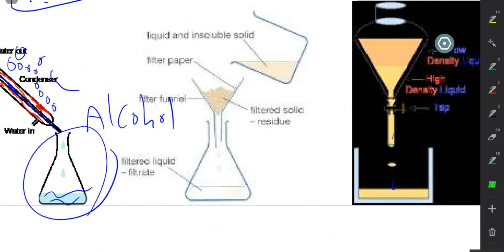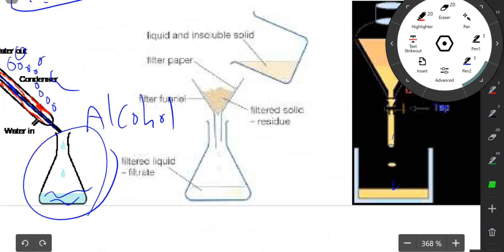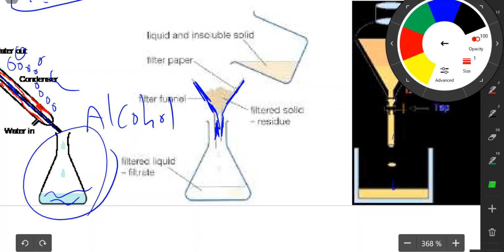You will need a funnel to perform a filtration. So here's the funnel. The funnel will also have a filter paper. Here's the filter paper on top.